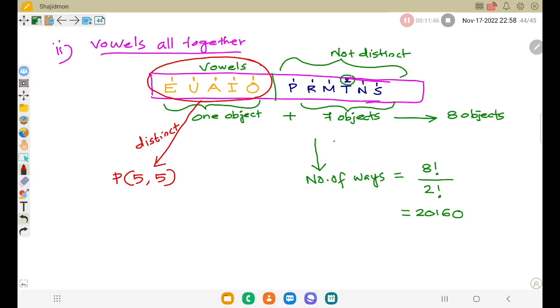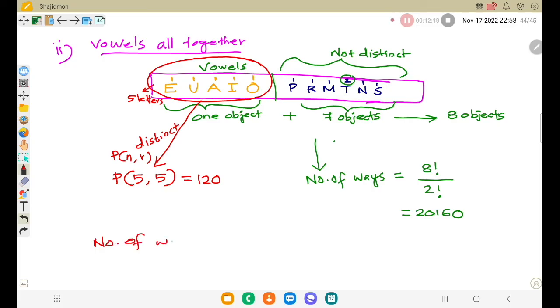P55. Correct? What is P55? You can check by calculator. 120. 120 ways. Distinct means PNR. That is the rule. PNR. What is the N here? Here we have 5 letters. Correct? 5 letters are there. So 5 letters, 5 taken at a time. 120 ways.